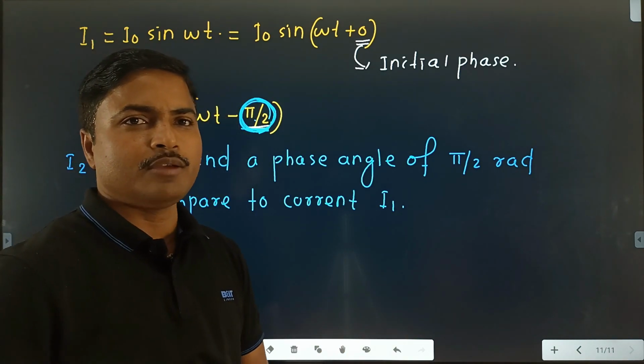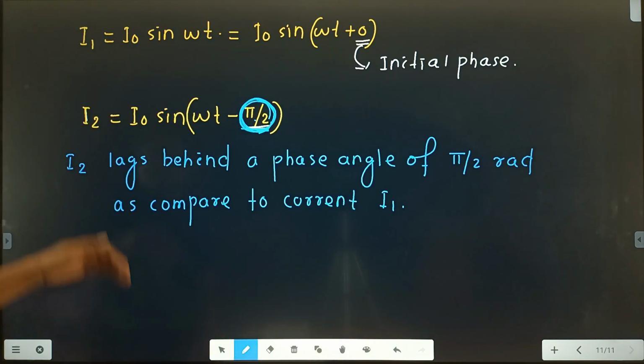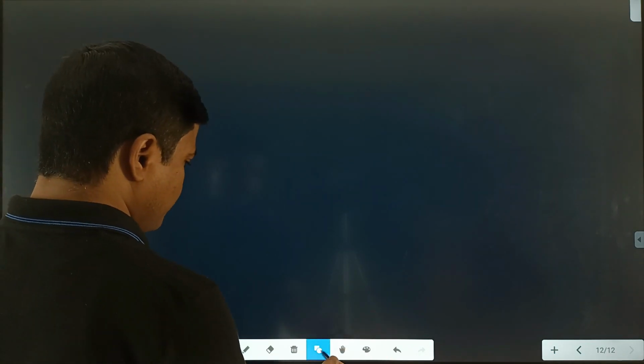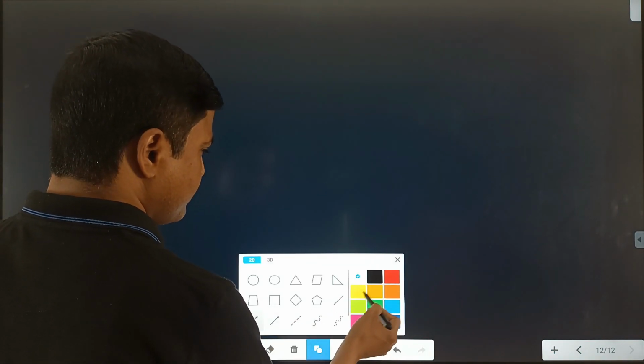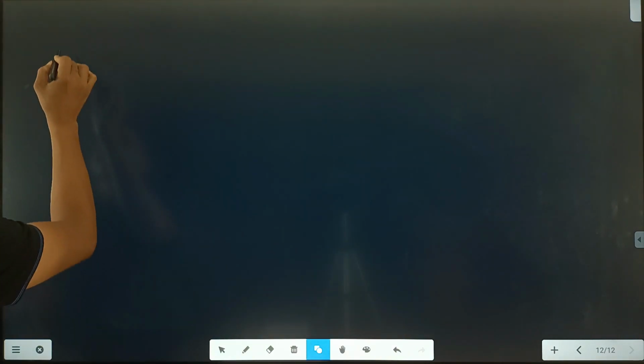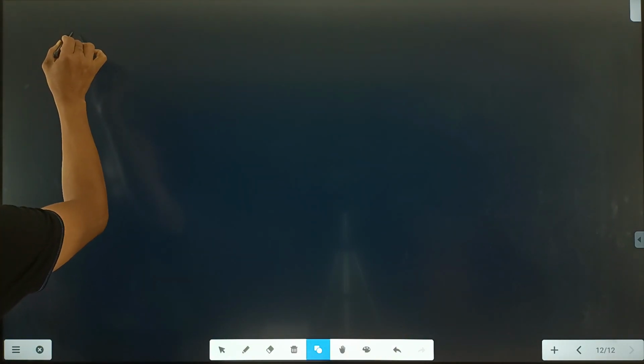Clear? If we draw the waveforms of I2 and I1, this is the waveform.